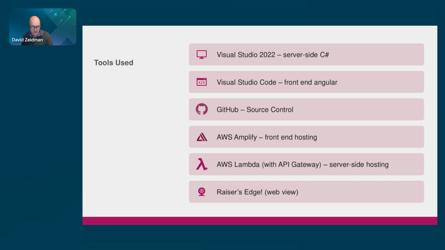Again, I've used Azure for both those things as well, well, for the server side at least. So it's very much possible to use a combination of everything. And finally, of course, Raiser's Edge. Or, as I said earlier, Financial Edge, the principle is the same behind what we're doing here. So you can certainly create a tile in Financial Edge. I've just worked mainly with Raiser's Edge in my career, so that's why we're going to be focusing on that.